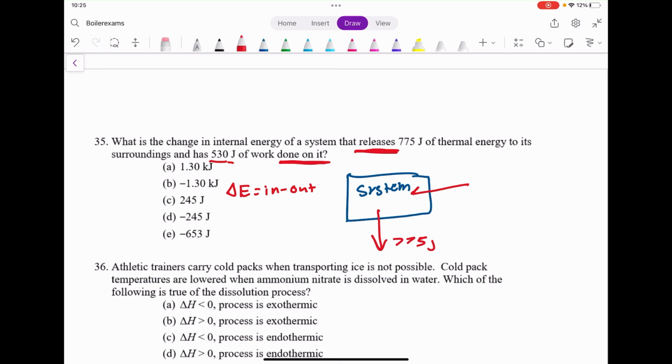When they say on it, I know it's coming in. So my delta E, I got 530 coming in. I got 775 going out. 530 minus 775, it's a delta, equals negative 245 joules. These are all joules.